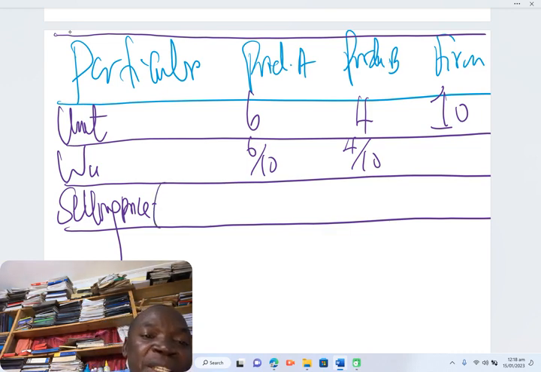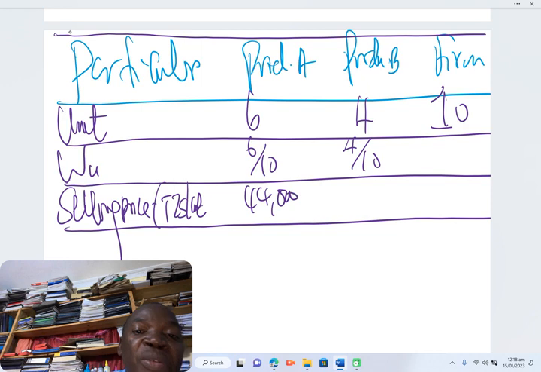So this selling price is TZS per unit. While the selling price for product B is 100,000. We can't add the two because these are 2 products.